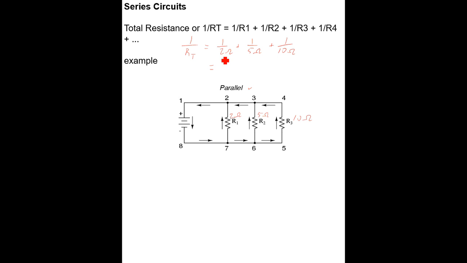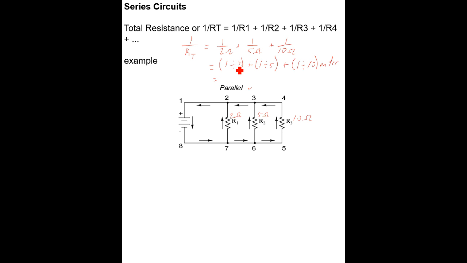So plugging this into your calculator, I like to do it this way. I just like to open up some brackets, go 1 divided by 2, close the brackets, plus 1 divided by 5. Again, you always need to close the brackets, add the last one in here, 1 divided by 10, close the brackets, and then press enter.